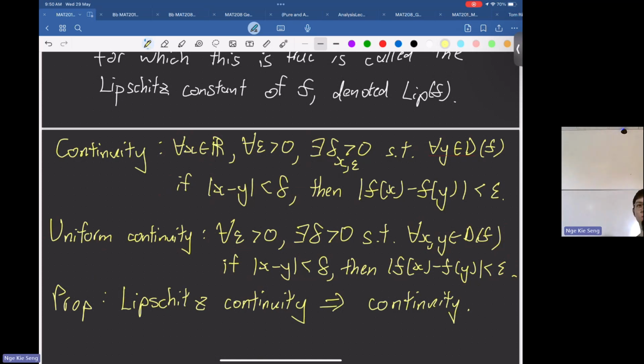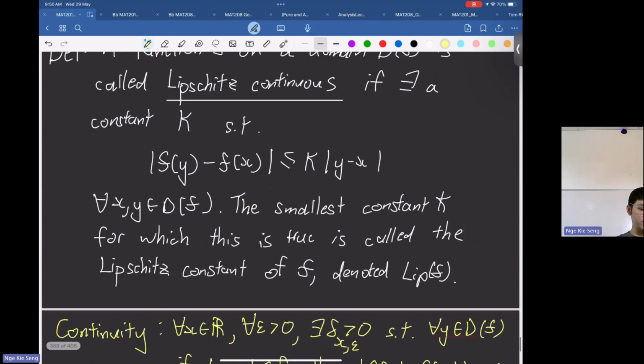But here, what is the thing you fix? You only fix epsilon. So this delta only depends on epsilon. Does it make sense? The difference is very big, and it will give different functions.